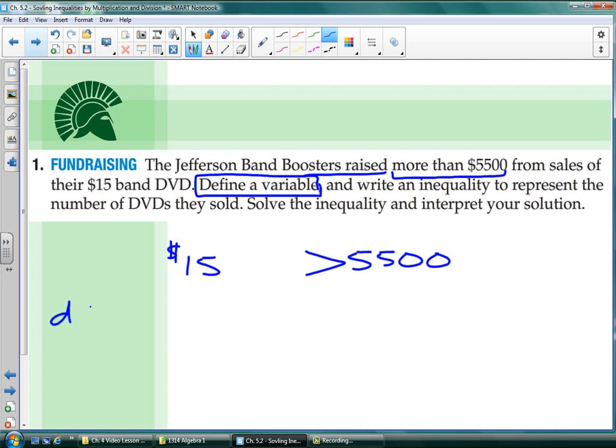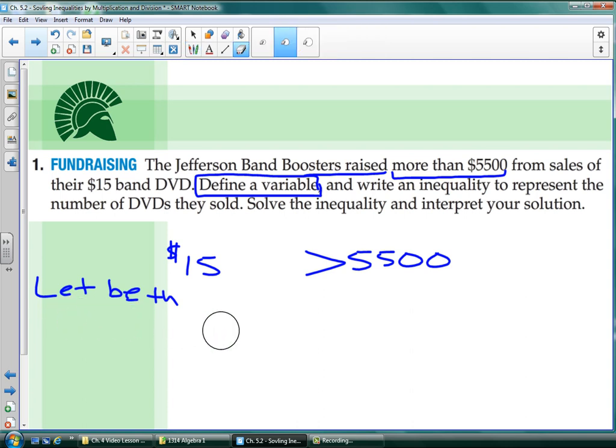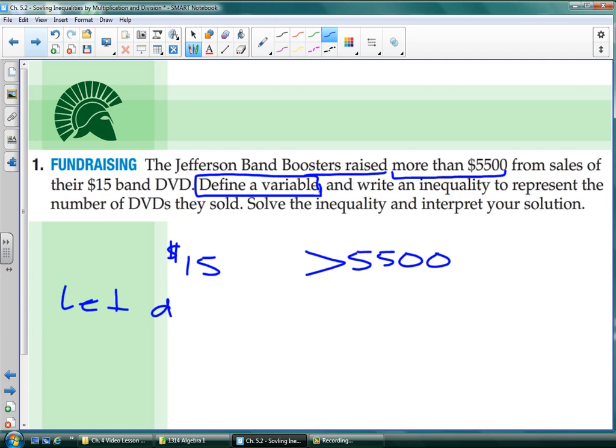D is going to be the number, so let D be the number of DVDs.